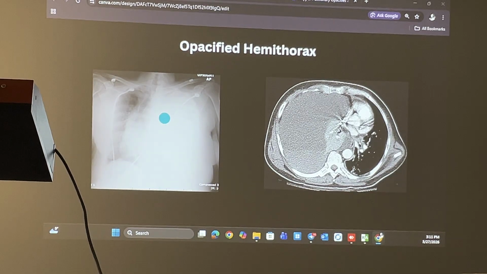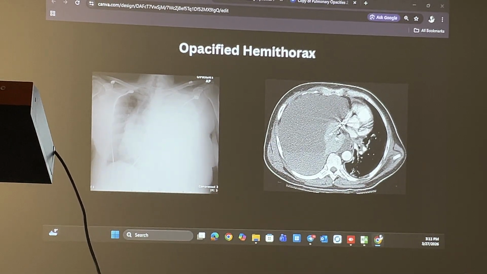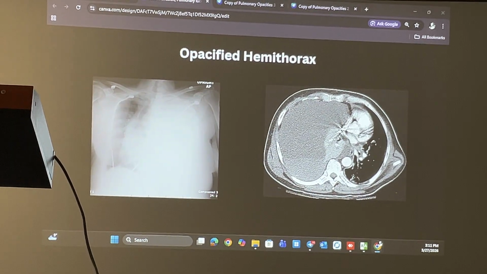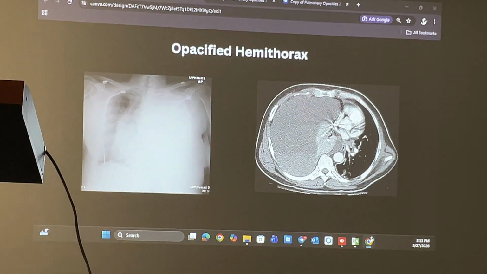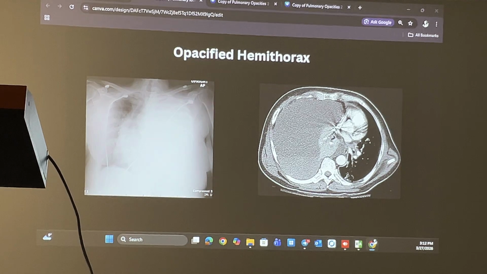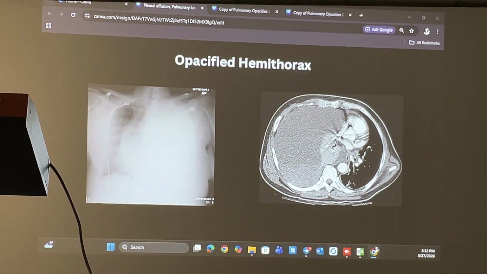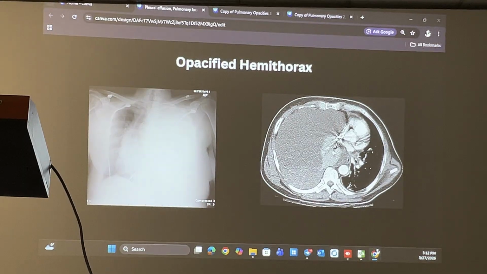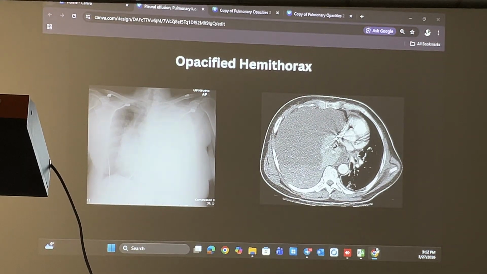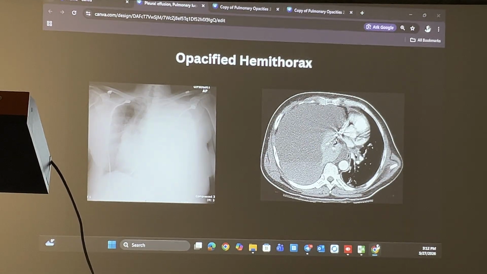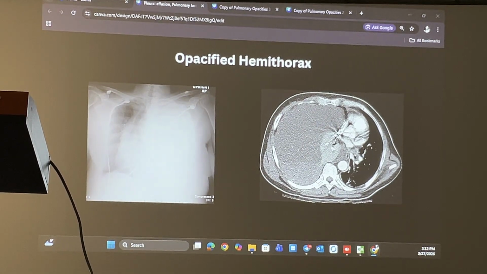And what can you see on the first image, on X-ray and on CT? Let's start from the X-ray. Effusion. Effusion. Ossification or lucency? Right or left? This is left, right? This is right.